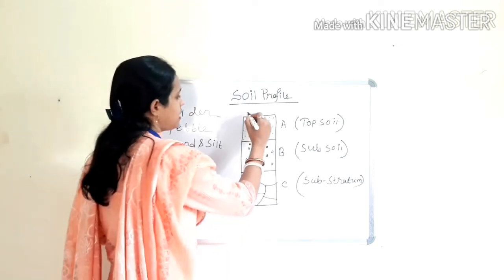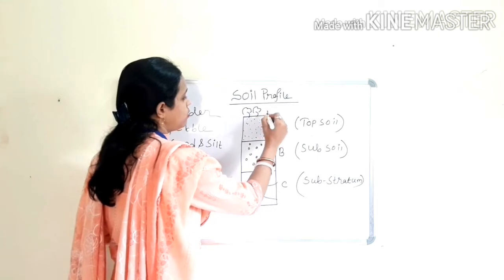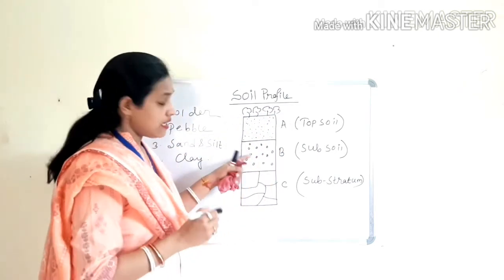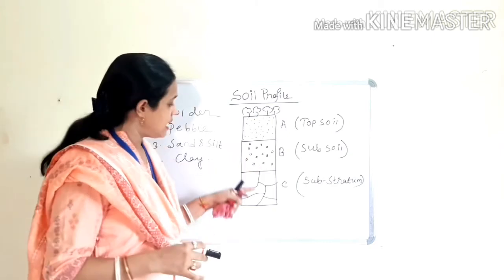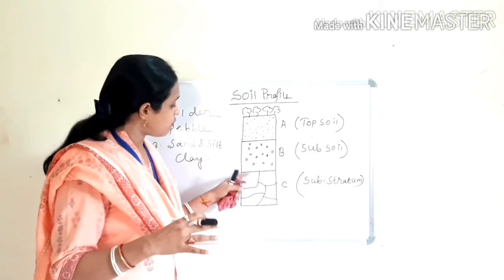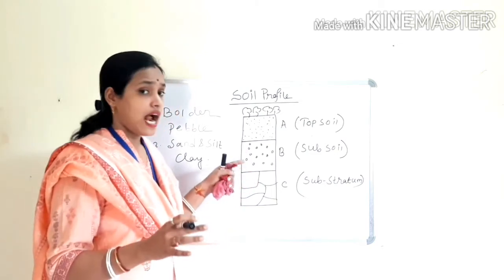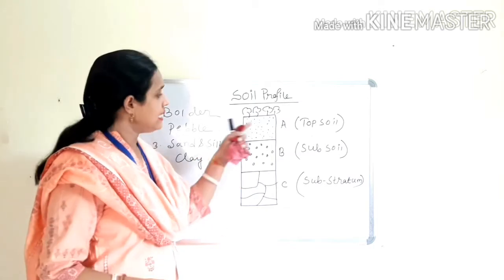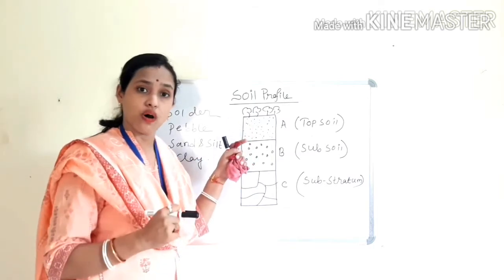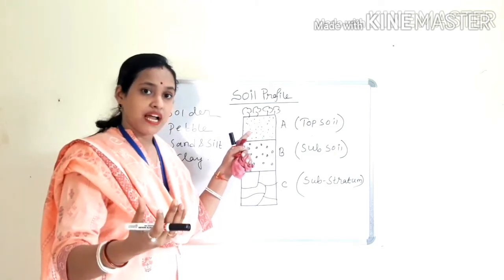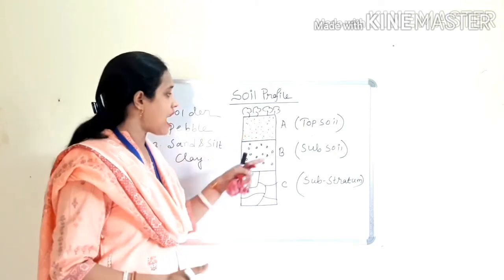So in this A layer we find plant growth. In B layer humus is not present, in C layer humus is not present. For this reason these two layers are not suitable for plant growth. Where is plant growth? In A layer, where humus is found. That means where decomposed plant materials and animals are added.